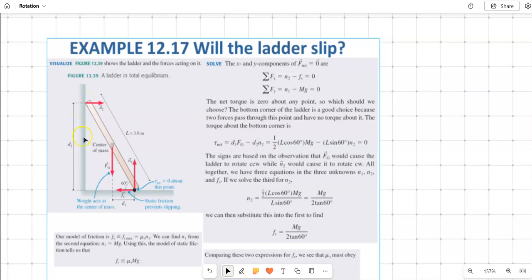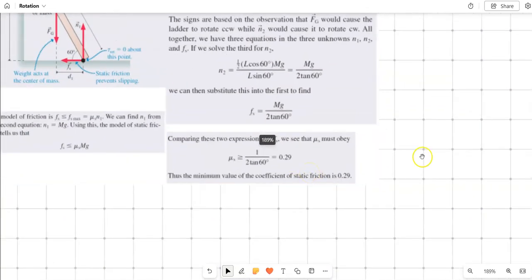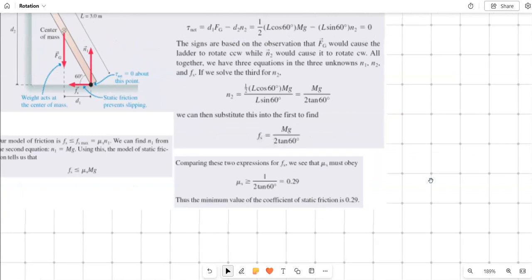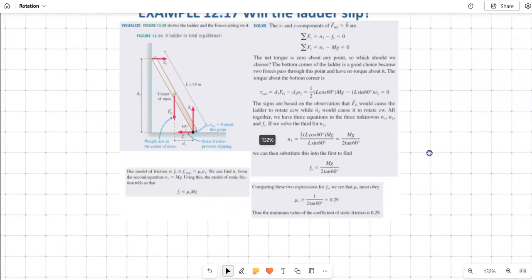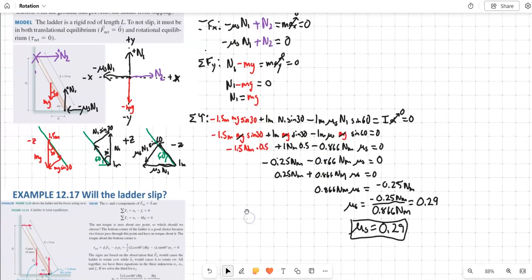They chose this black dot as their pivot point, where I chose my black dot as a pivot point up there. They're choosing theirs down here, and they're getting the exact same answer that I did. So it just goes to show you that you could choose whatever you want as your pivot point. Either way, you're going to get the minimum value. Okay. And that concludes 5.3.1. Thank you.